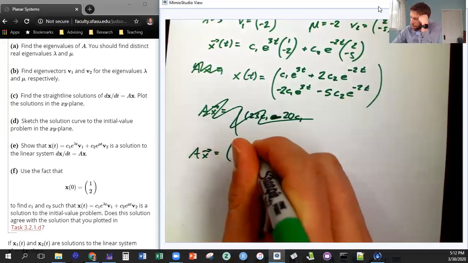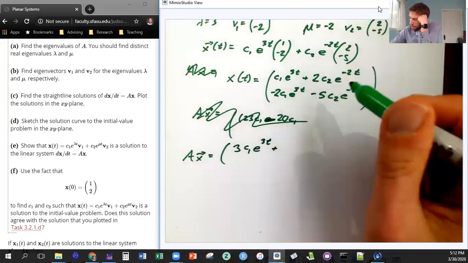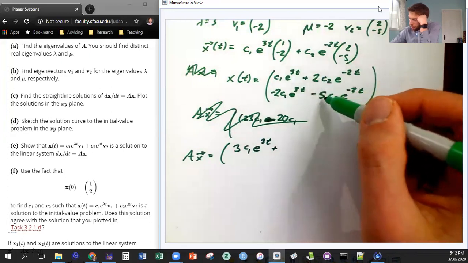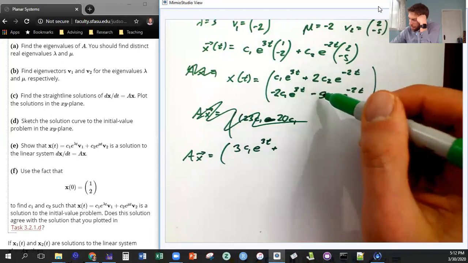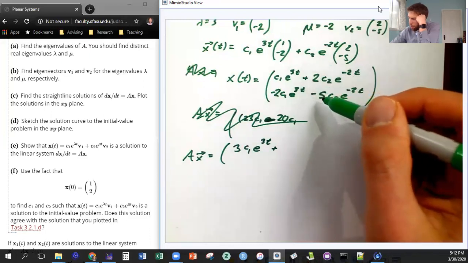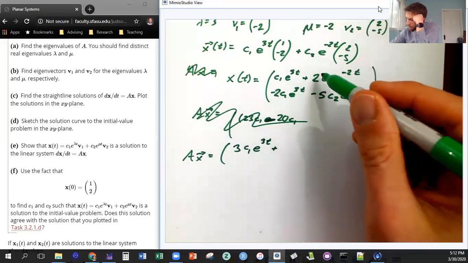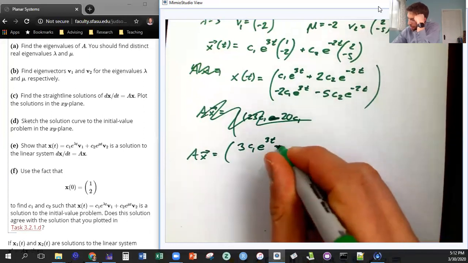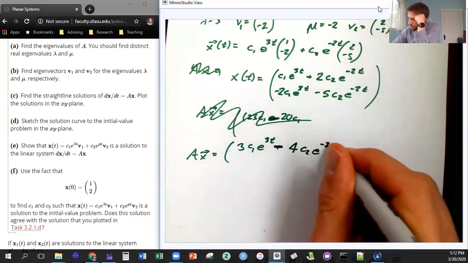So 3 C1 e to the 3t plus, and then here, that'll be 23 times this plus 10 times that. So 2 times 23 is 46, minus 50 will be minus 4 C2 e to the -2t.